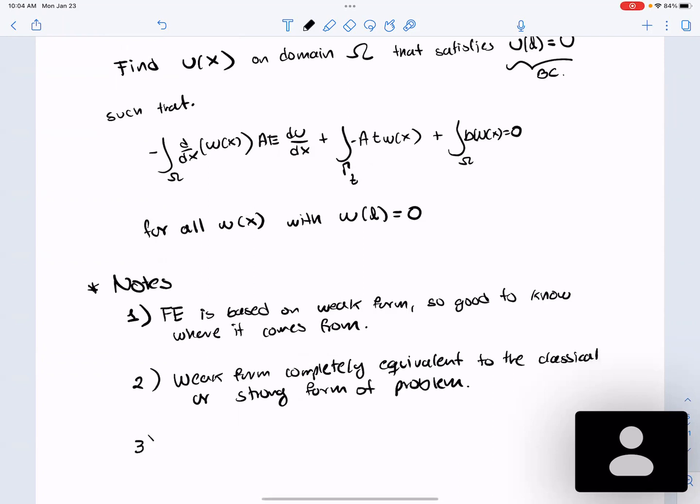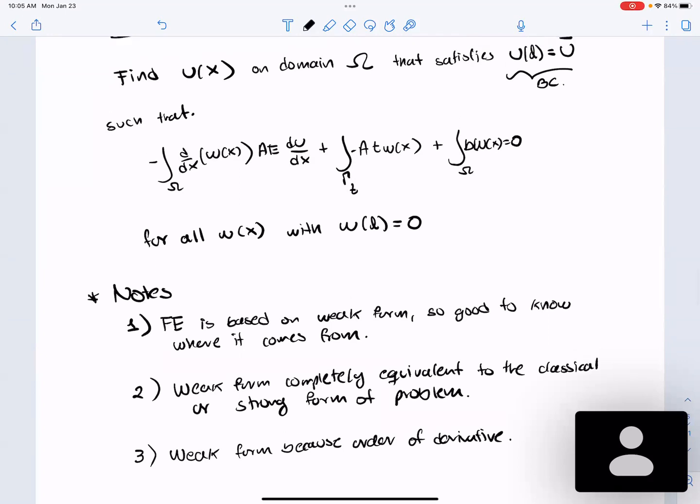Another note, why is it called weak form? It's called a weak form because of the order of the derivatives. So the original problem had a second derivative, basically a d squared dx squared.